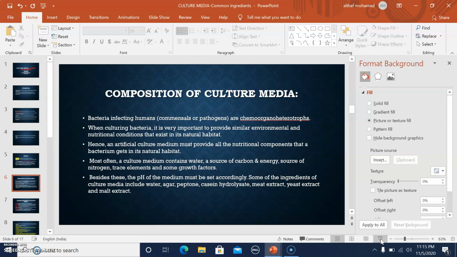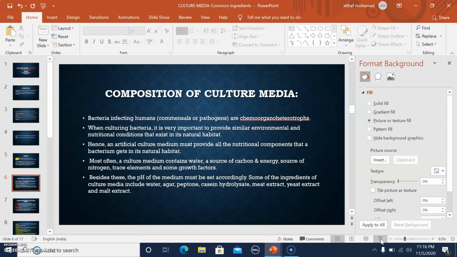Next is composition of culture media. The bacteria which infect human beings are chemoorganotrophs. When culturing, it is very important to provide a similar environment and nutritional condition to that which exists in its natural habitat.